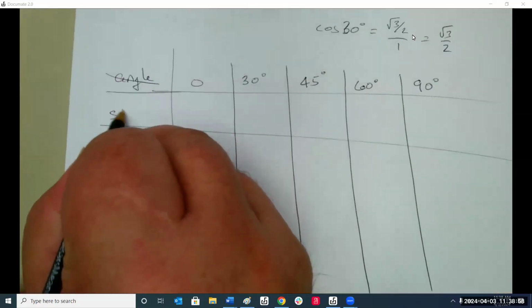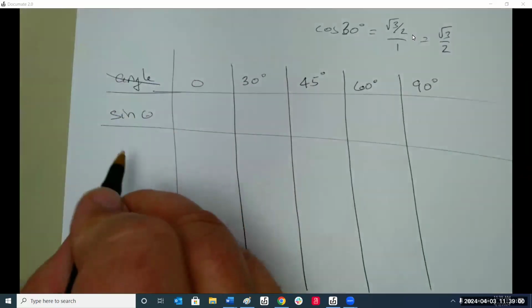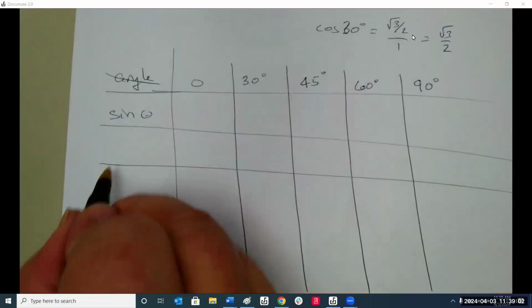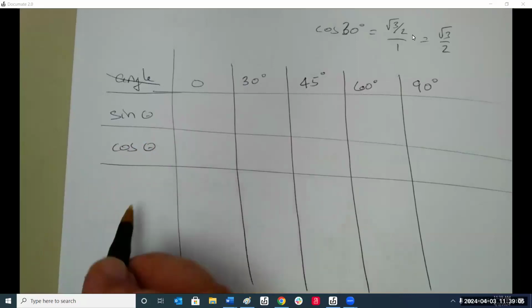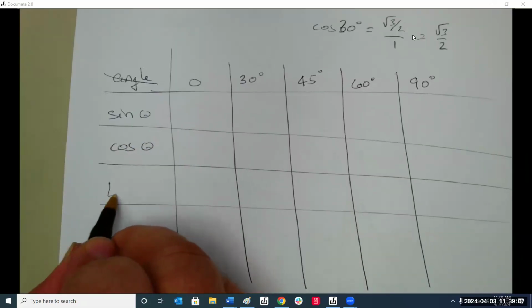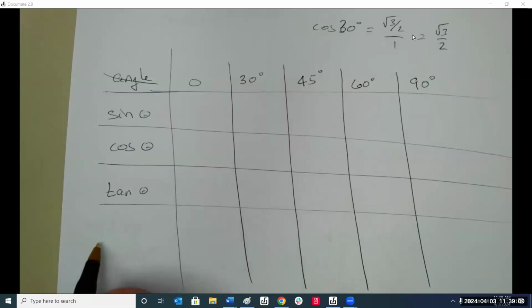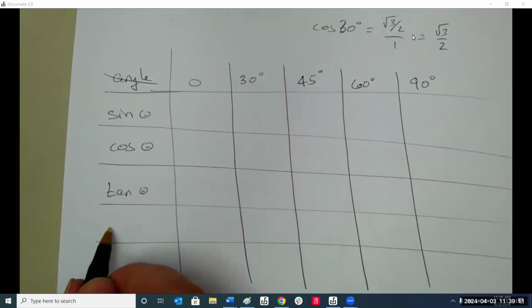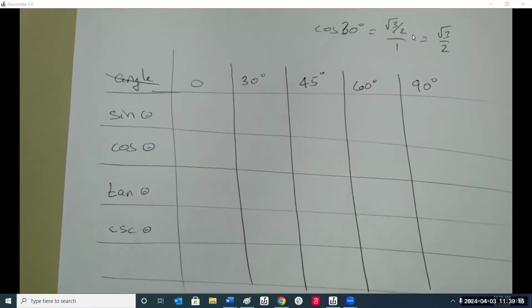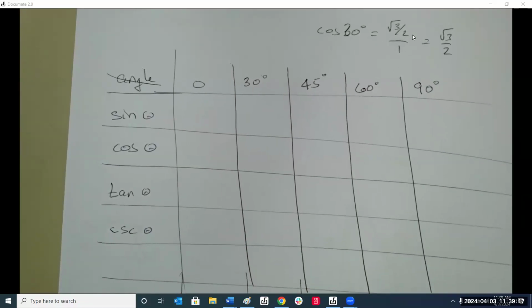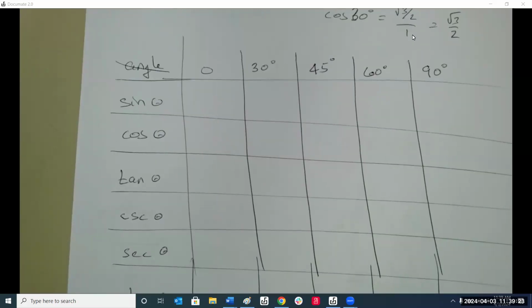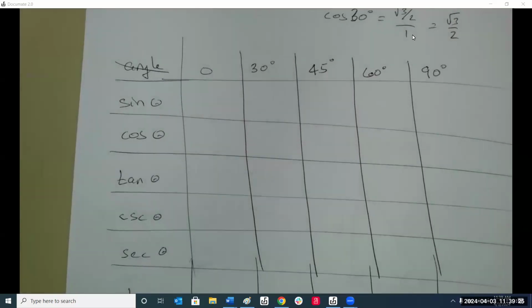So we have sine of the angle, cosine of the angle, tangent of the angle, cosecant of the angle, secant, and cotangent of the angle.